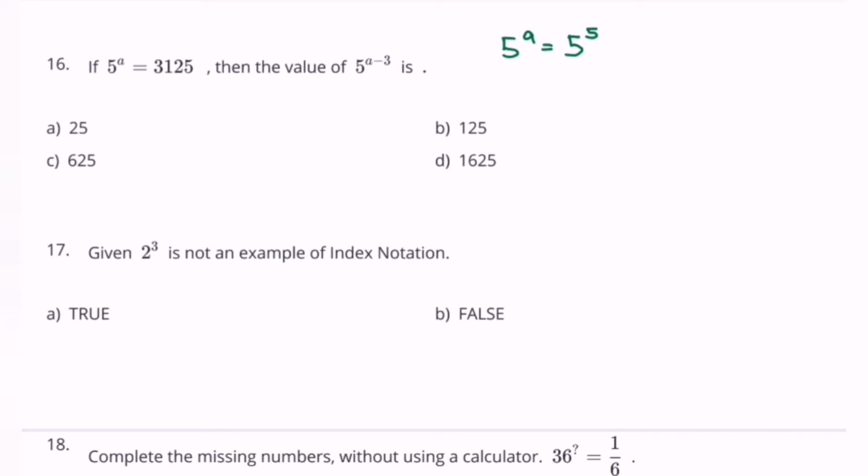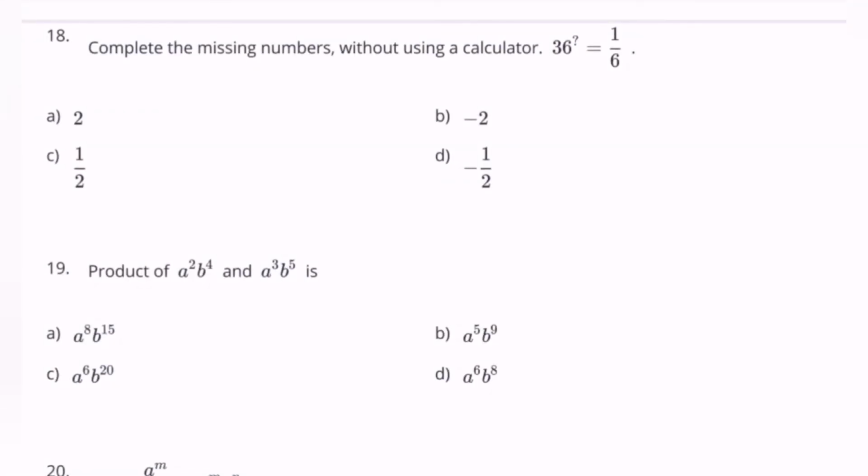So kindly compare, because we have the same base, so the value of a will be equal to 5. Then the value of 5 to the power of a minus 3. Here, a, as we all know, is equal to 5. So 5 to the power of 5 minus 3 is equal to 5 to the power of 2, and we have 25. So the answer for question 16 would be A.